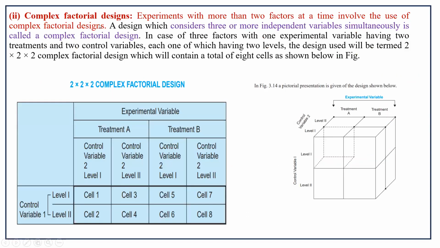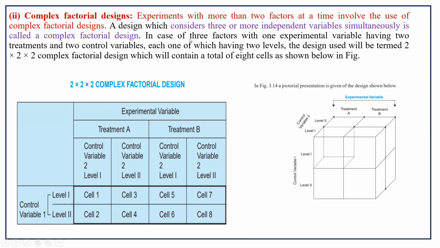Now the next is complex factorial design, where this particular design definitely has more than two factors to be considered. Generally it considers 3 or more independent variables simultaneously, and is called a complex factorial design.